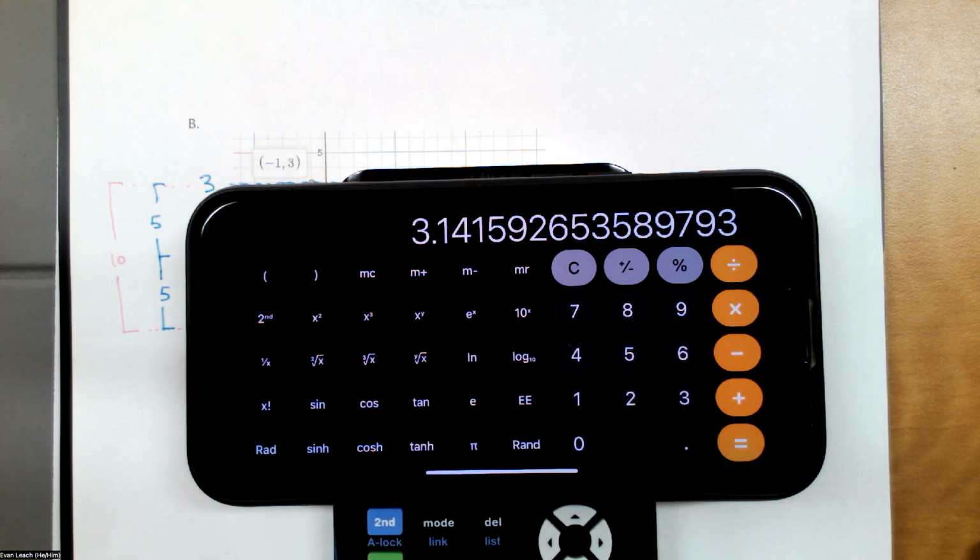Any questions? Here's a fun fact about pi. If you encode yourself in any way into a string of numbers, in any way that you want, like if I encode my last name, L is 12, so 1, 2, E is a 5, C is a 3, H is 8 or something like that.